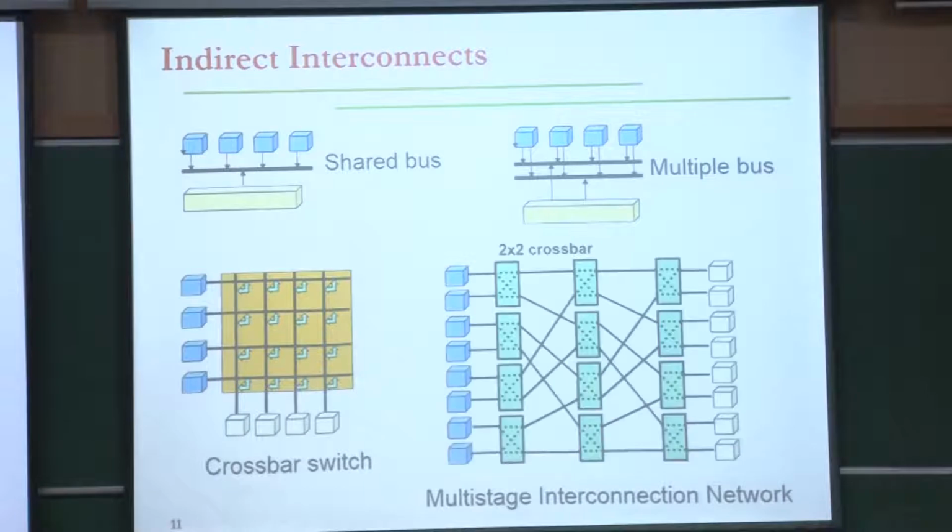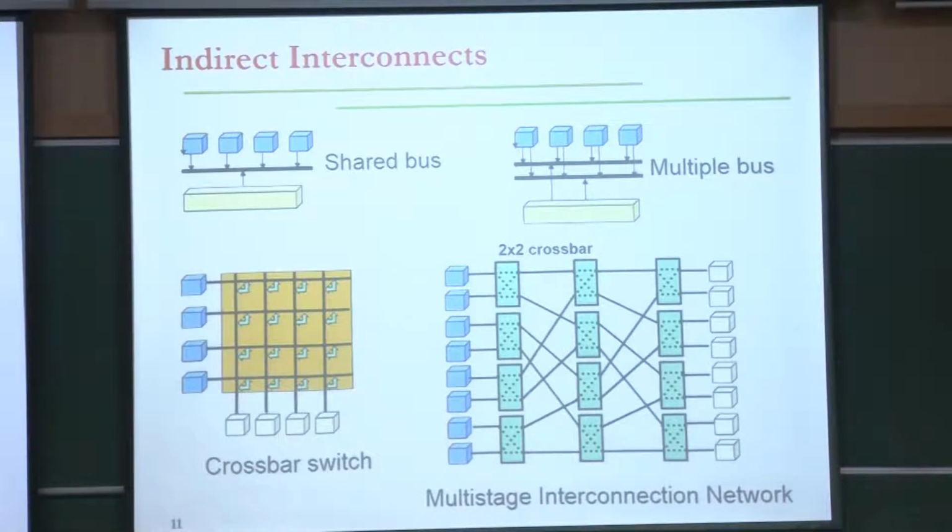I could have a multi-stage interconnection network, which essentially has a sequence of switches. Each one of them in this particular example is a 2x2 crossbar switch, and they are connected in a particular pattern, so that every core here is possibly connected to every memory module over there. It takes 3 hops for this message to go to that particular memory module.